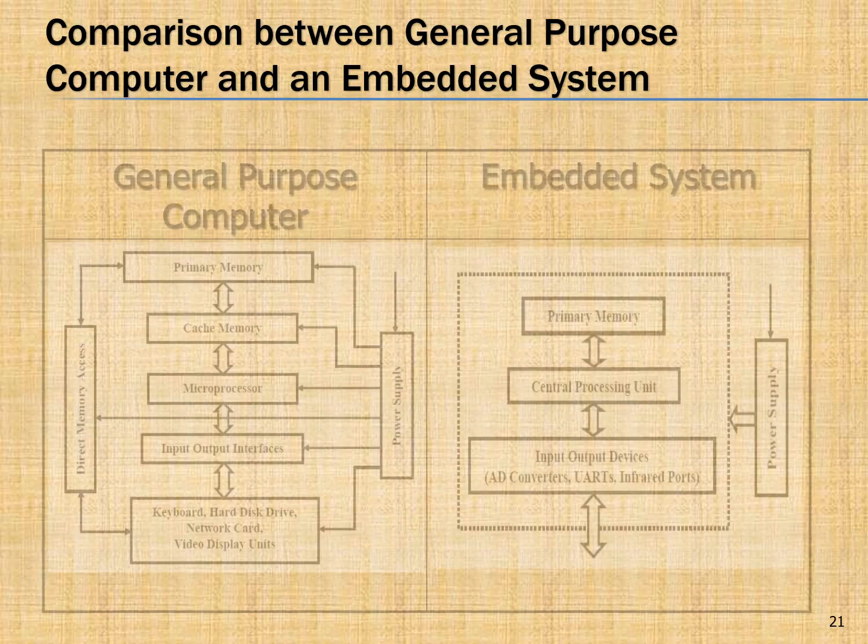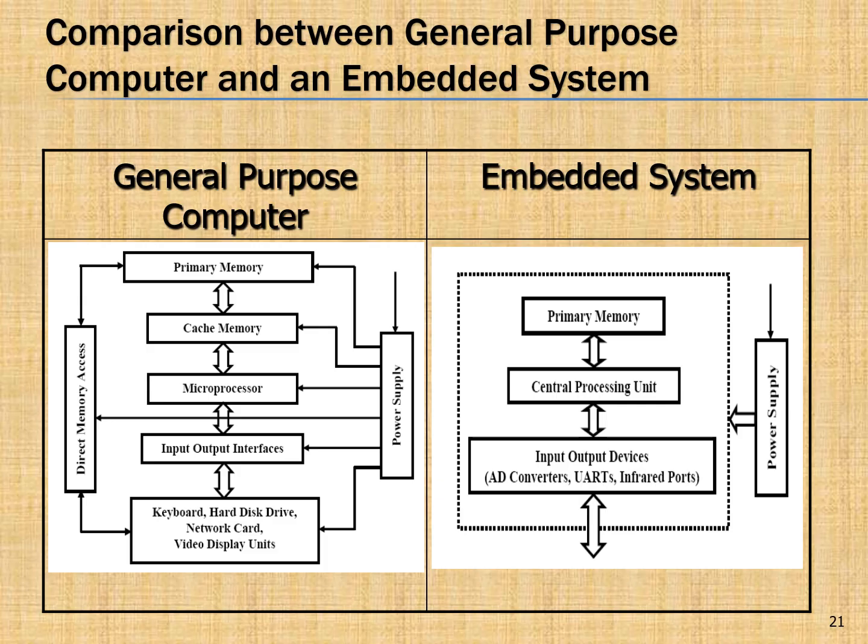Now a page where we will see the comparison between general purpose computers and embedded systems. As we can see, left side is our general purpose computer, right side is our embedded system. So general purpose computers will be having microprocessor, cache memory, primary memory, input output interfaces, then keyboard, hard drive, network card, video display units, etc. And all of them are supplied with power.